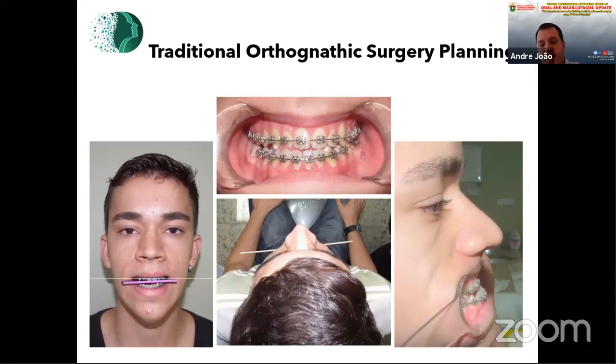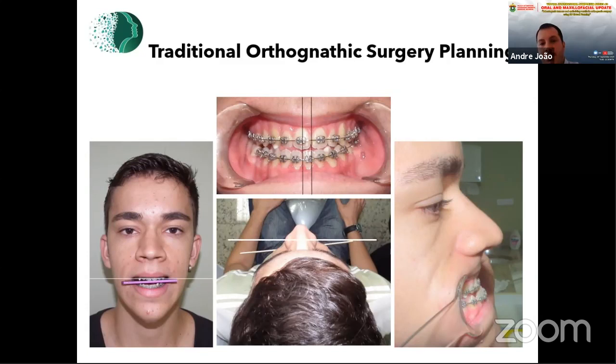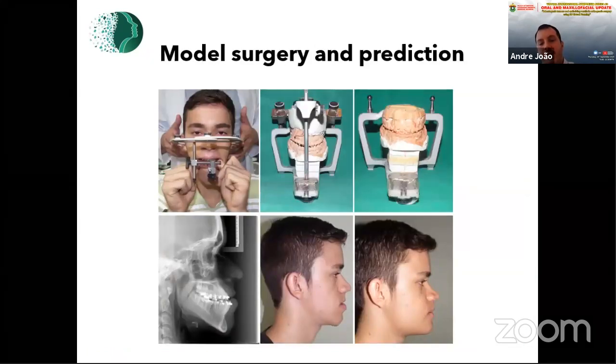And then we do the model surgery. We have to use the face bow, the articulator, cutting, measuring, and creating the surgical guide using resins and our hands.